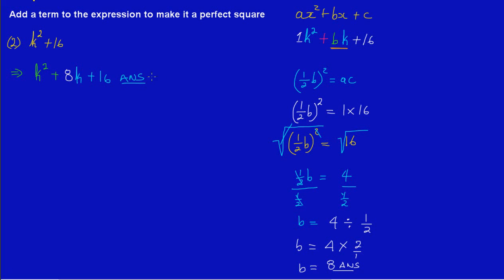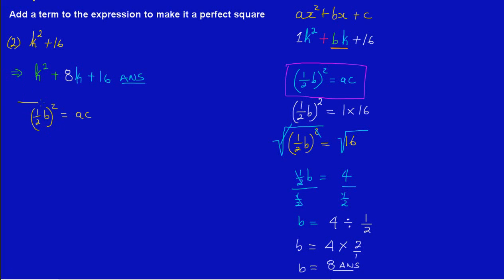Now we could just check to see if this is correct by looking at this general rule. What the general rule said is that if it's a perfect square, a half of b all squared must be equal to a times c.